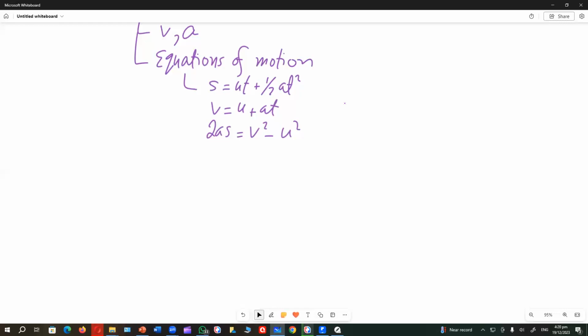These are called equations of motion. We apply these equations when acceleration is uniform. So these are the three important equations of motion.